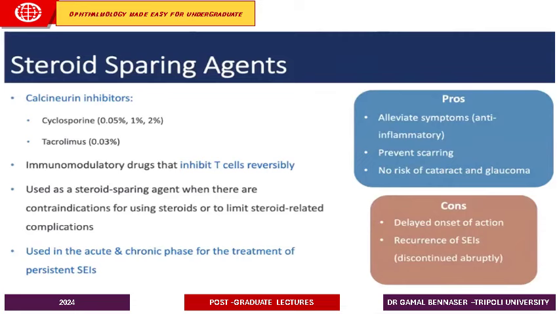The advantage is that they will alleviate the symptoms of the inflammation, they prevent scarring, and there is no risk of cataract and glaucoma. However, they have a delayed onset of action. They need time to start, and the recurrence of subepithelial infiltrate will appear if they are stopped abruptly. That's why they need tapering, as in the use of steroids. So these are known as steroid-sparing agents, the cyclosporine and the tacrolimus.